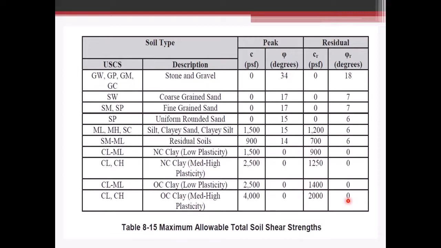And here's a table out of the Geotechnical Design Manual, which has the maximum allowable undrained shear strength values for the different soil types. Per the design manual, these values should not be exceeded without laboratory testing and written permission from the Geotechnical Engineering Bureau.